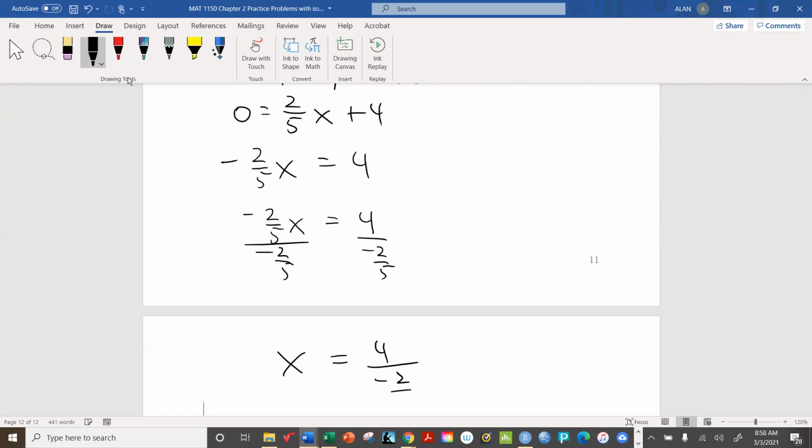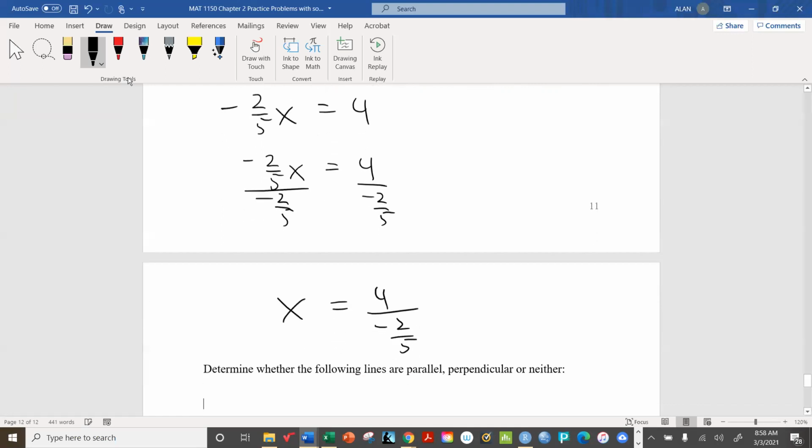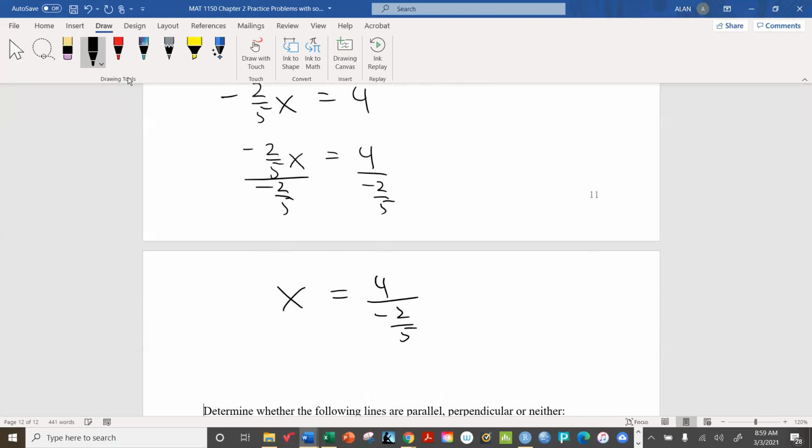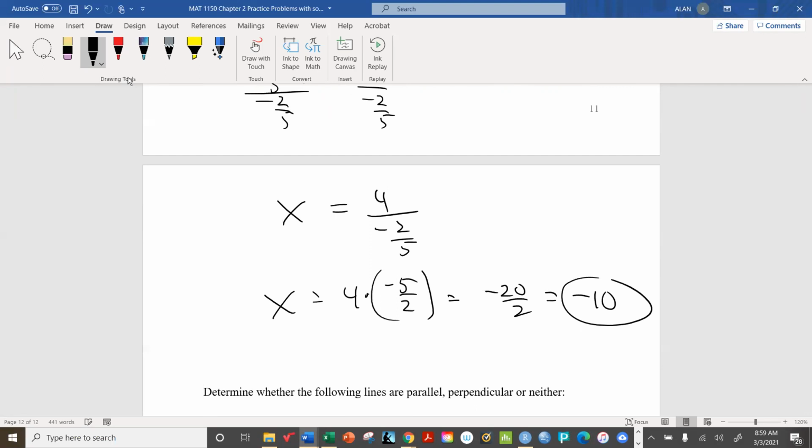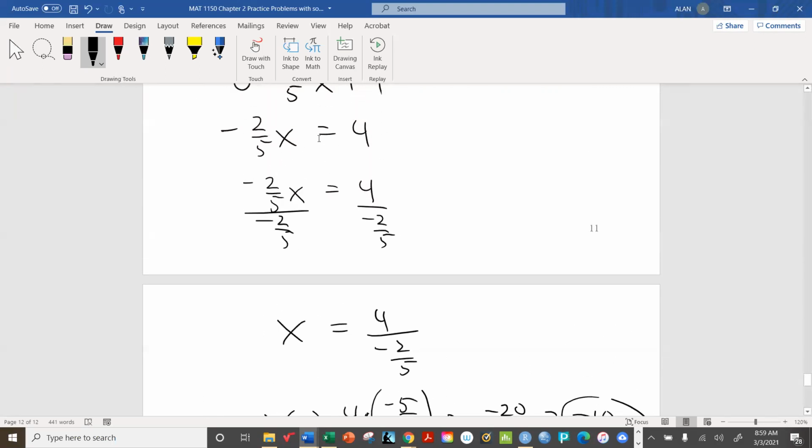over minus 2/5 is algebraically the same thing as 4 times the inverse, which is minus 5/2. And so we're going to wind up with minus 20/2 or minus 10. So if you had multiplied both sides by minus 5/2 up here, you would have gotten the same result.